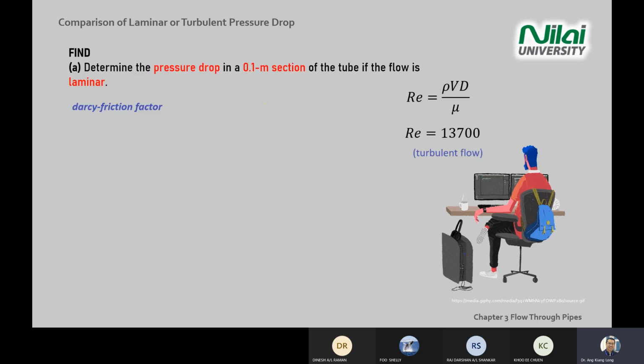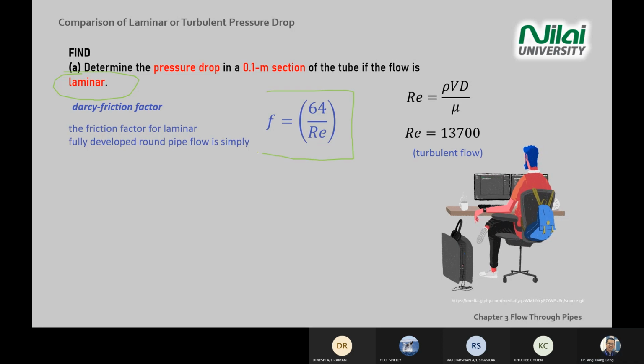Let's try to solve the first section: if the flow is laminar, what happens? For laminar flow, you use the Darcy friction factor, F equals 64 divided by Re. You already calculated the Reynolds number, so you get the friction factor F equal to 0.00467.